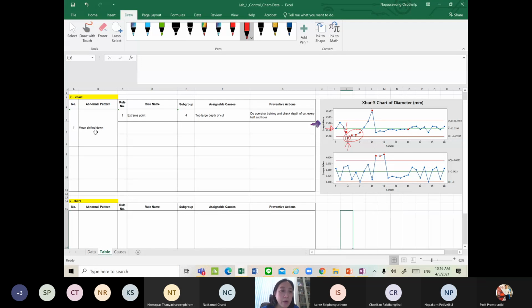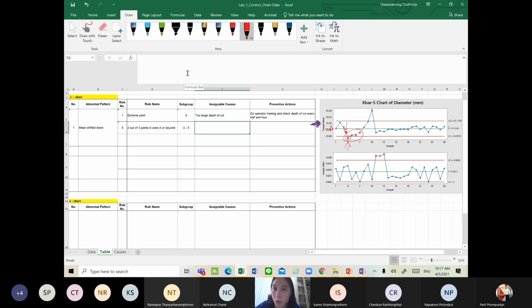Rule number 5, which is 2 out of 3 points in zone A or beyond, is strong enough evidence to tell you that the mean shifted down, because you detect that subgroups number 4 to 5 violate this rule.